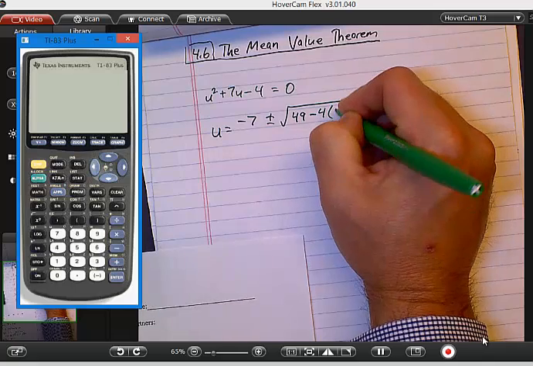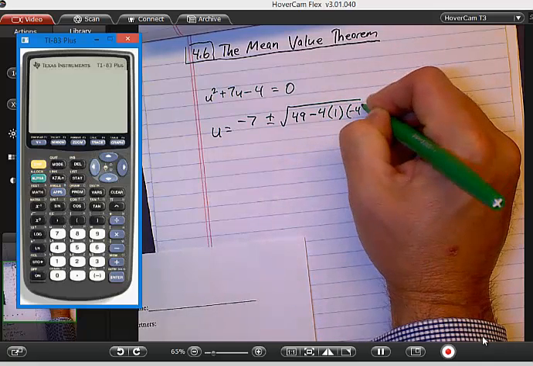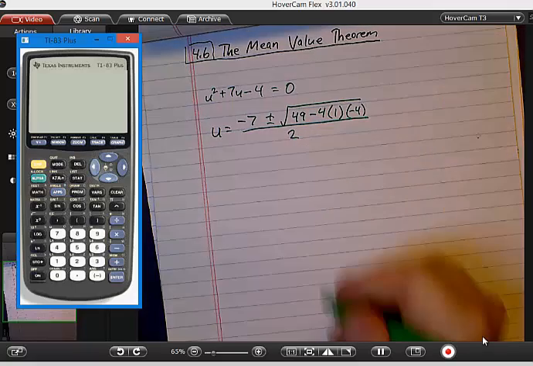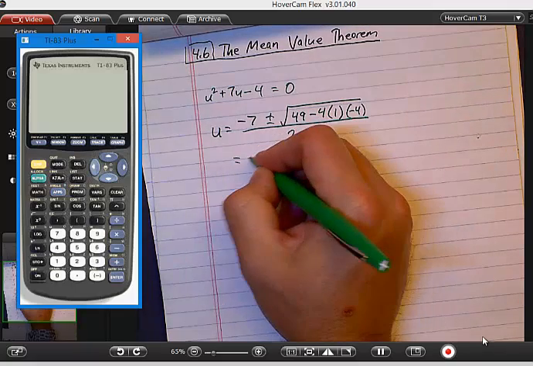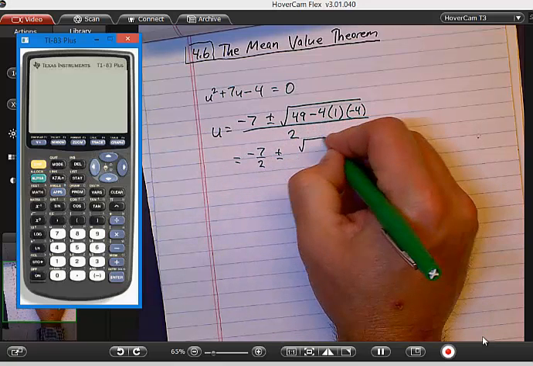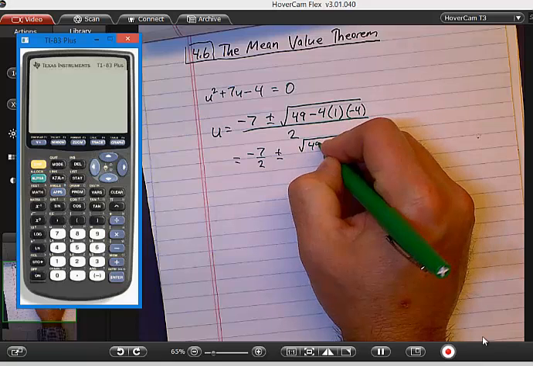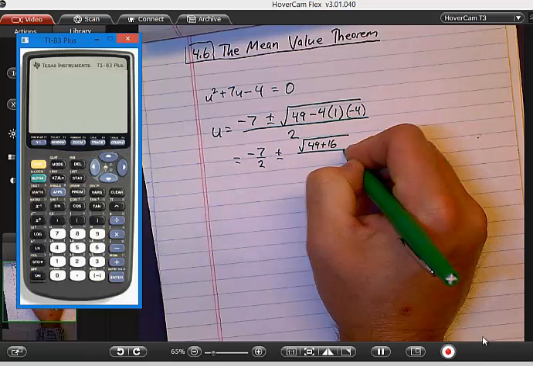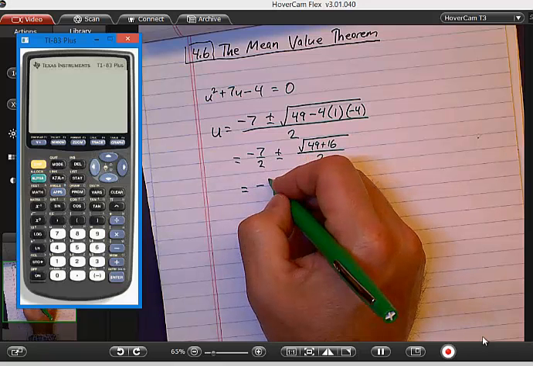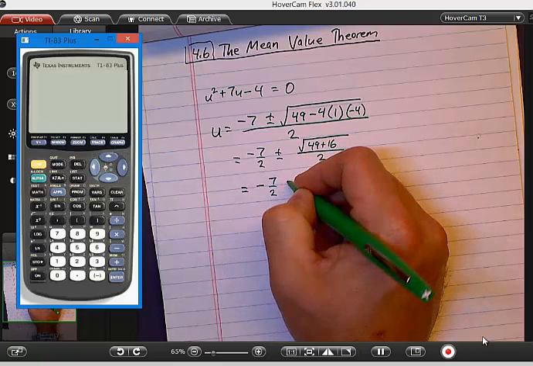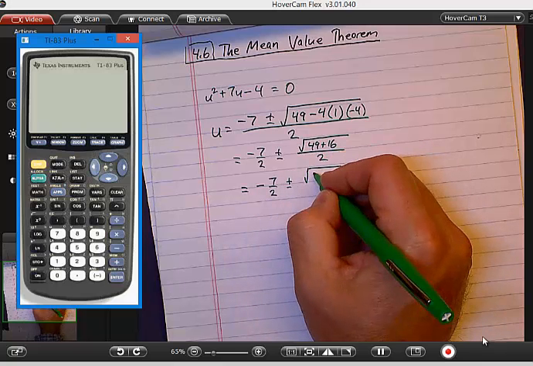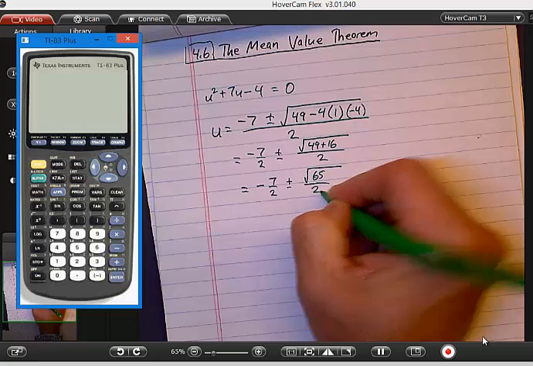Okay. 4 times 1 times negative 4 all over 2. So this is negative 7 halves plus or minus the square root of 49 plus 16 all over 2. So this is negative 7 halves plus or minus the square root of 65 over 2.